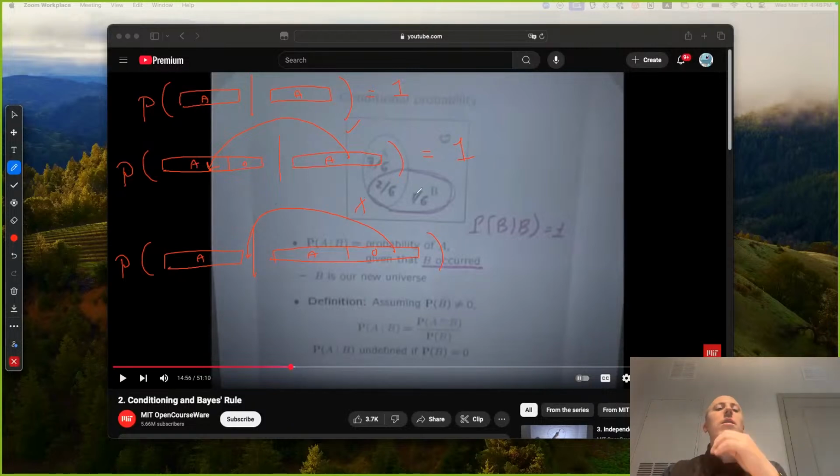It's like missing it. So we're doing this intersection overlap thing. This is the conditioning universe.